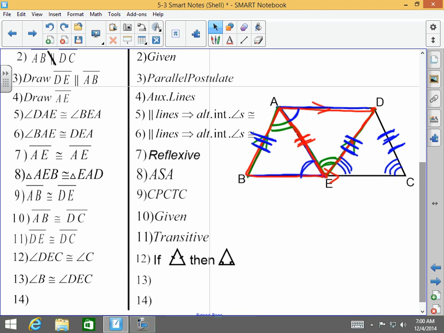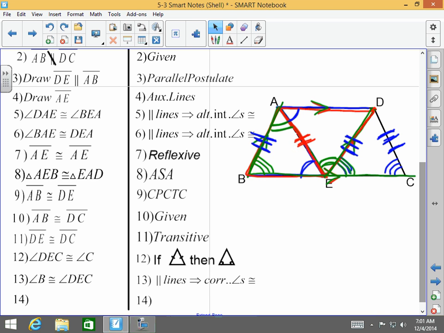Then I can state that angle B is congruent to angle DEC. Now think about this one. Here, we're going to use the F method. Here's my F, or in other words, corresponding. Since we know that BC is parallel to AD, then we know that angle B is also congruent to angle DEC because of corresponding angle theorem.